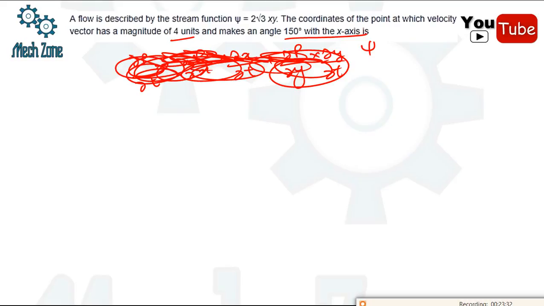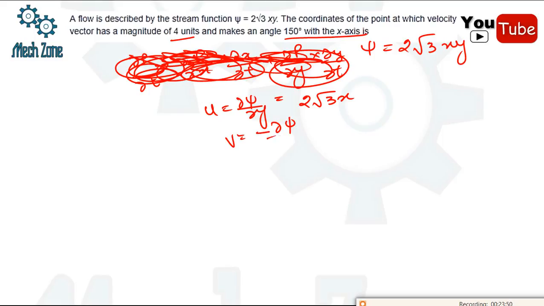So psi has been given as 2 root 3 xy, and we know that u is equal to del psi by del y. So this would be 2 root 3 x, and v is minus del psi by del x, so it will be minus 2 root 3 y.